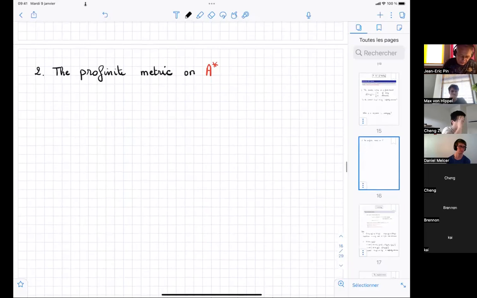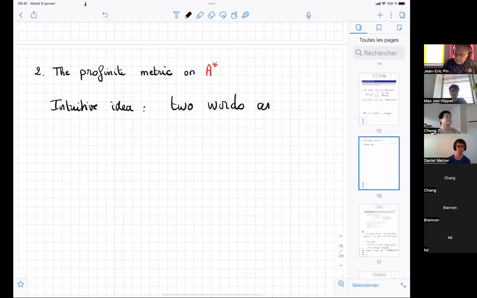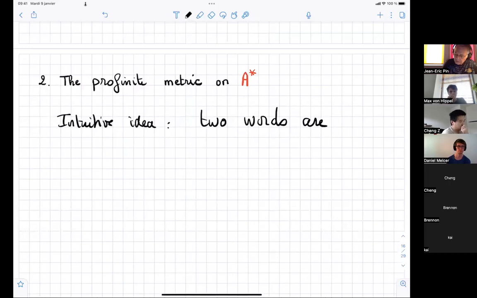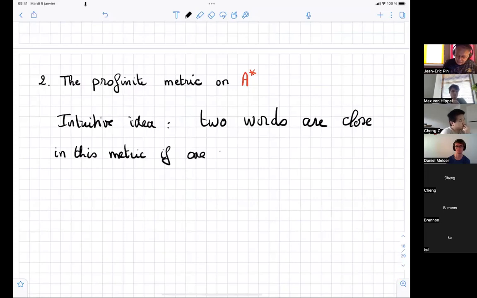The intuitive idea is that two words are close in this new metric if one needs a large monoid to separate them.